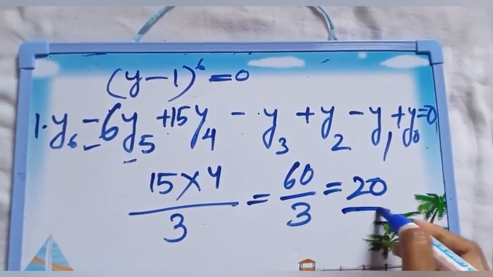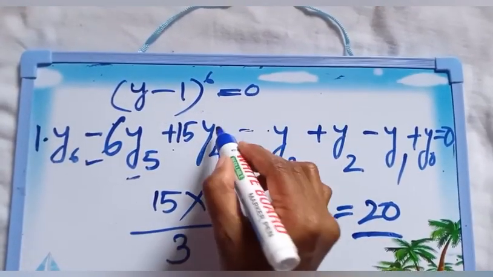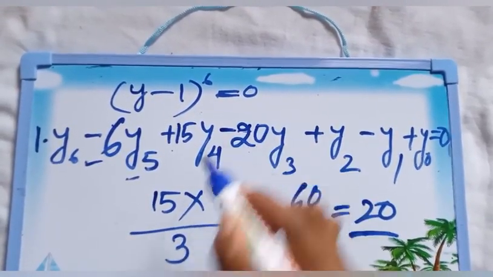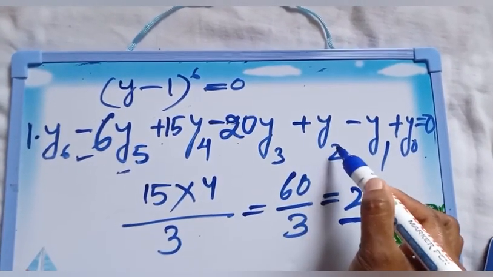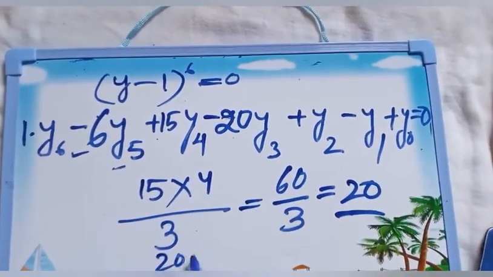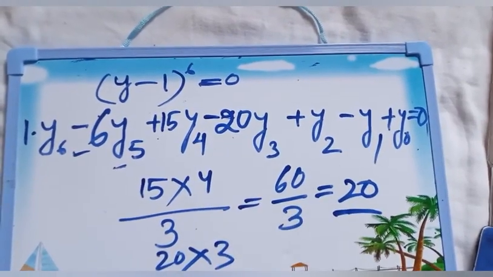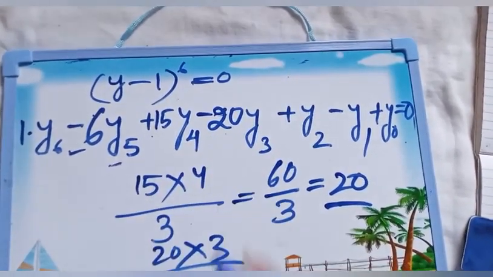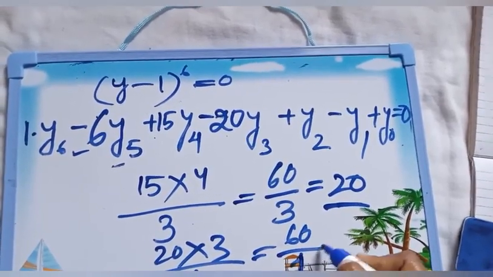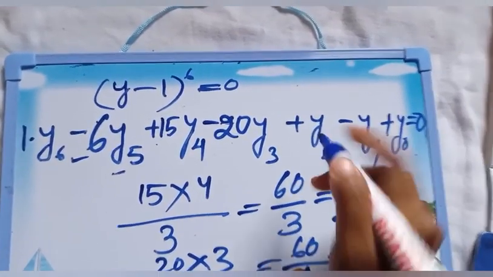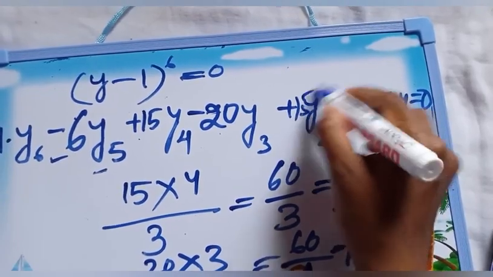That 20 we have to write here. And next, in the same way for y2: first you write 20 into 3, divided by 1, 2, 3, 4, this one 4. We get 60 divided by 4, we get 15. And 15 we have to write here.